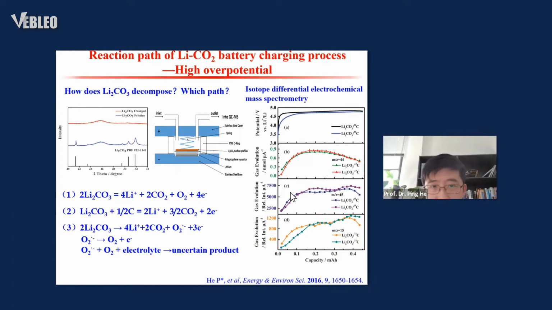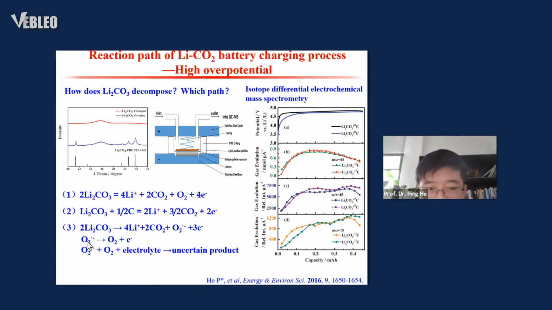We use isotope differential electrochemical mass spectrometry. We can see these mass spectra, and we choose the third mechanism. The lithium carbonate can decompose to lithium ion, carbon dioxide, superoxide and electrons.